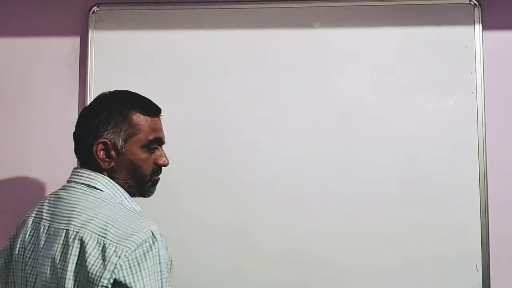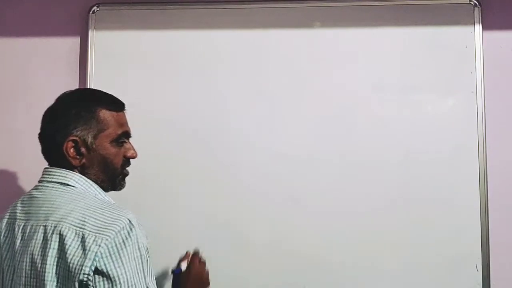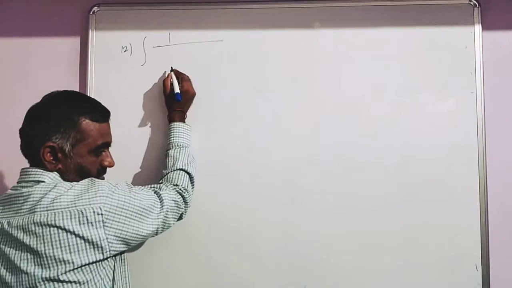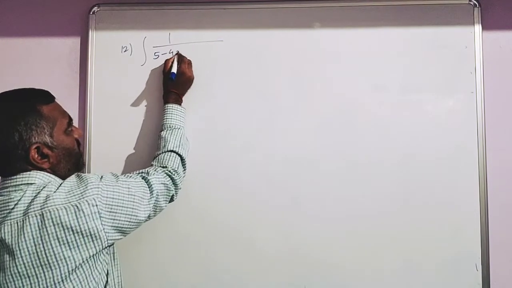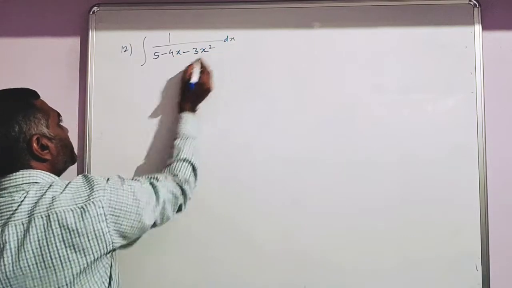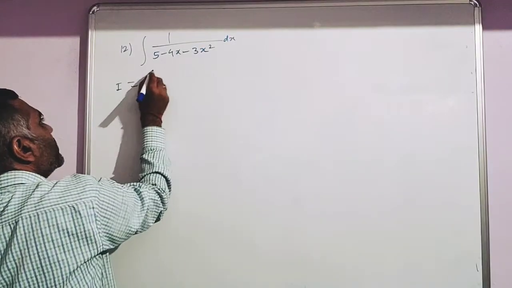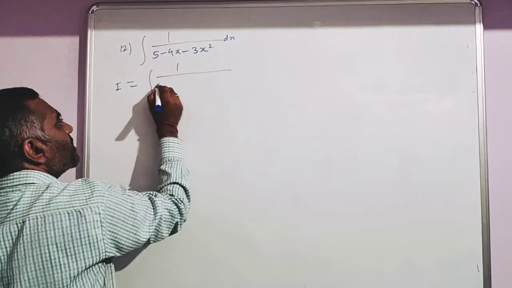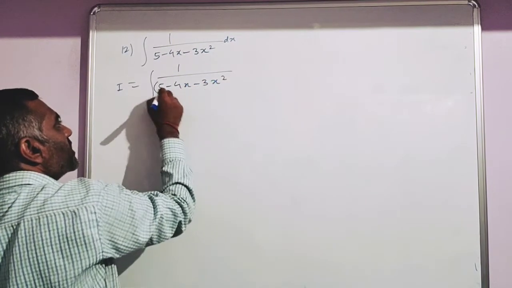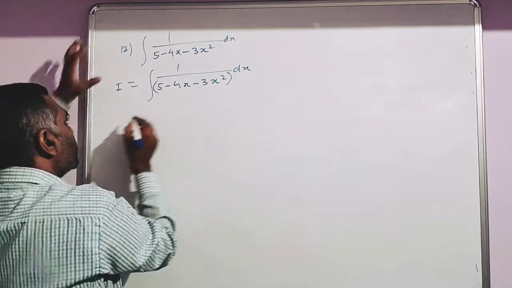Next, example 13: integration of 1/(5 - 4x - 3x²) dx. Now I is equal to the integration of 1/(5 - 4x - 3x²) dx.